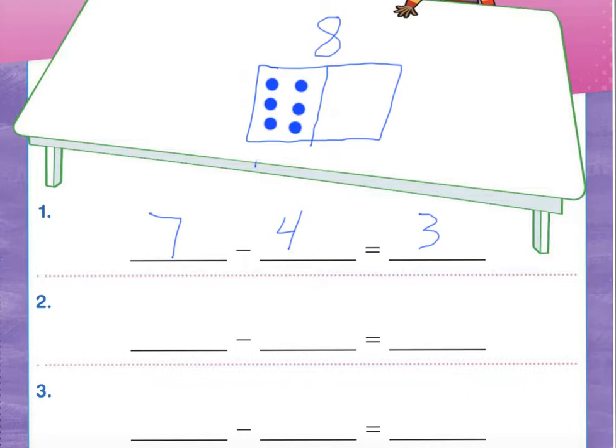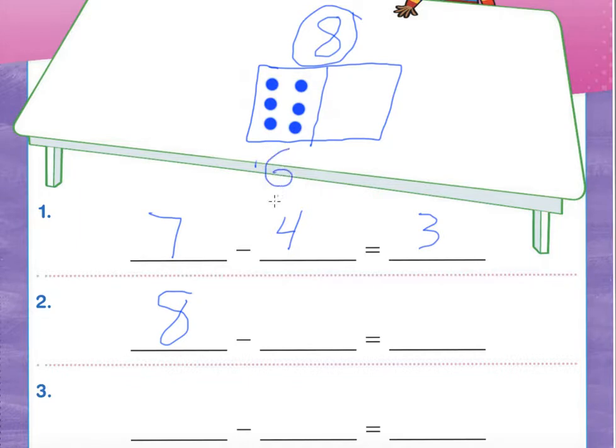So now we have to write down the numbers that we know. First we start with our whole number, which is 8. 8 is our whole number. So let's write that down. So 8 minus a part, and we know that the part that they gave us is 6. So 1, 2, 3, 4, 5, 6 dots.